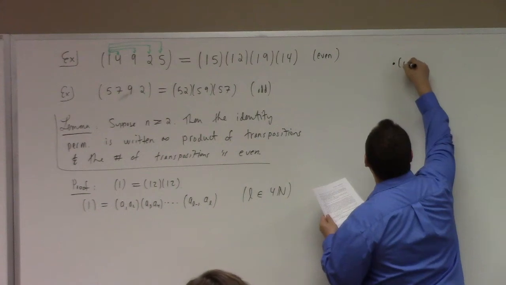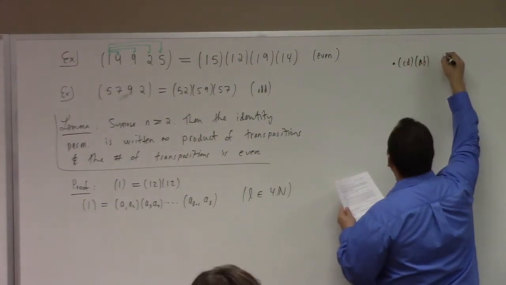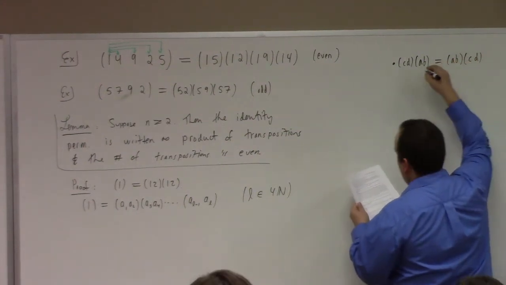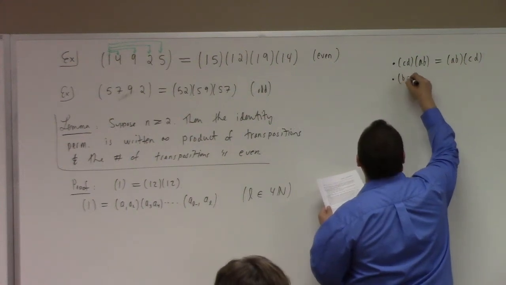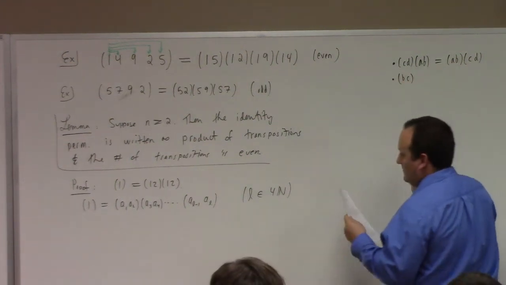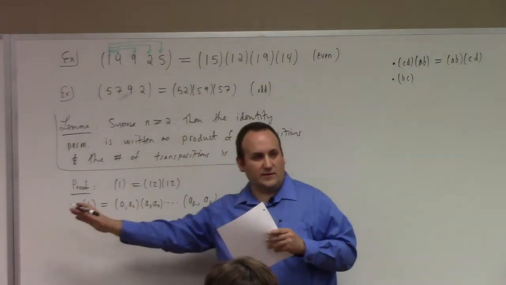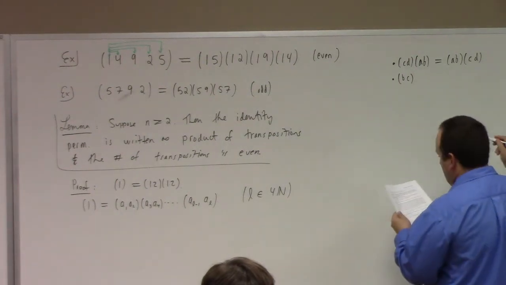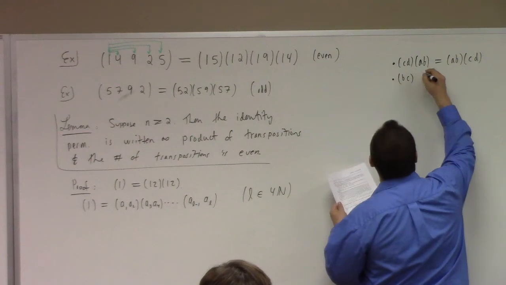So these cases, CD, AB equals AB, CD. The other kind of case you'd have here. So what he's working on basically is a way to manipulate the expression in such a way that we can put them in a certain order and count. It's all BC, AB.